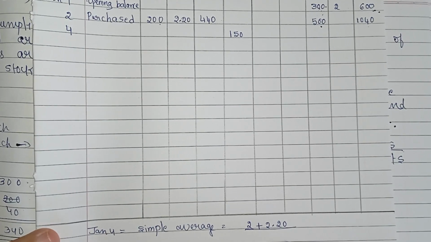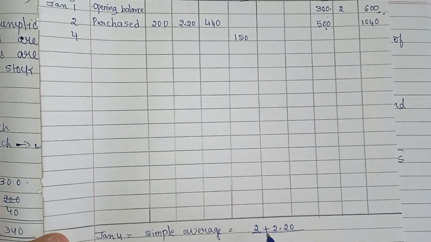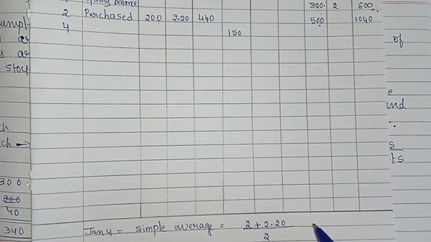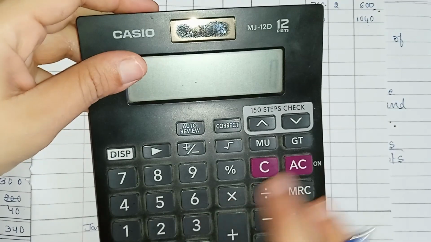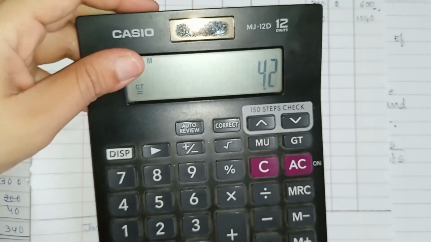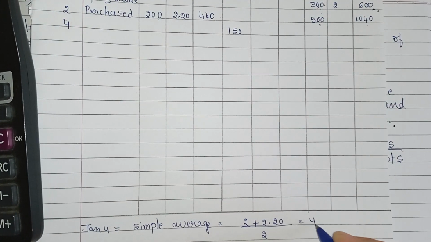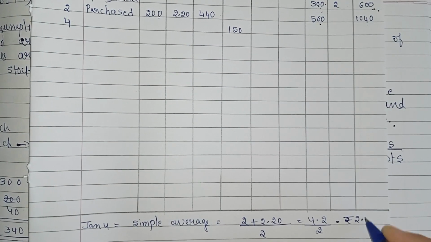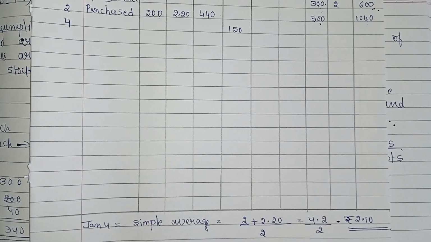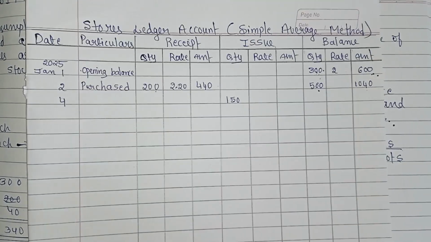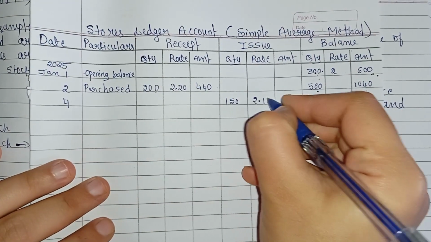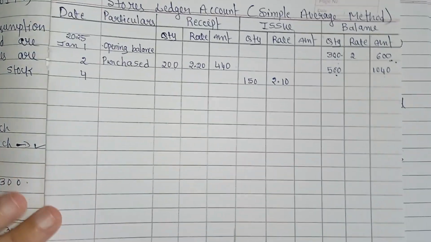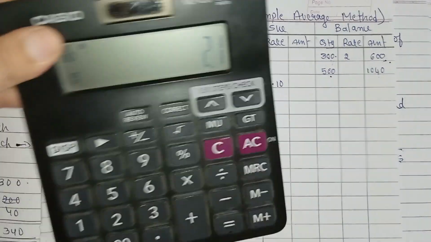In order to find the issue price, divided by how many lots? 1 and 2. So write down 2. 2 plus 2.20, that is 4.20, divided by 2 means 2.10 rupees. This is our issue price on Jan 4th. So write down 2.10. In this way we have to find the issue price.